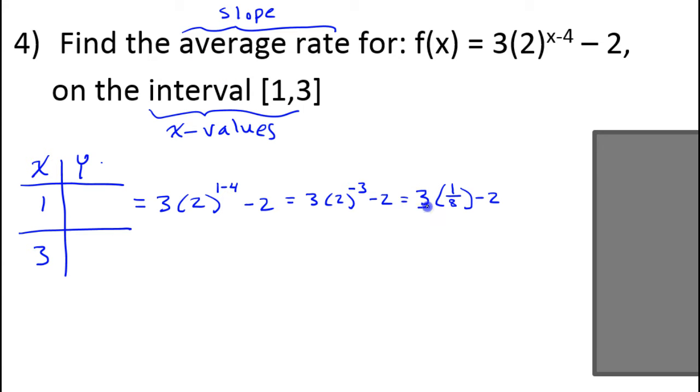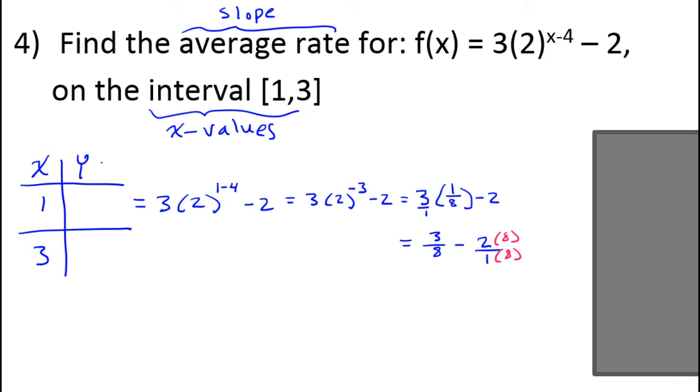3 times 1/8, this is like 3 over 1. So that means what we have now is 3/8 minus 2. So how do I do this without a fancy calculator? Well, this 2 is like having 2 over 1, and we need like denominators. So what you would do is multiply by 8 in the numerator and the denominator.